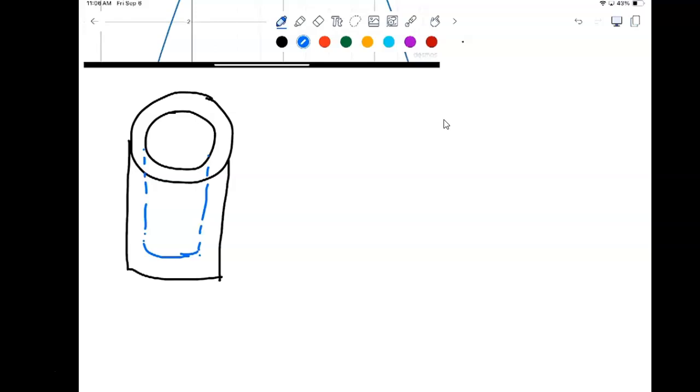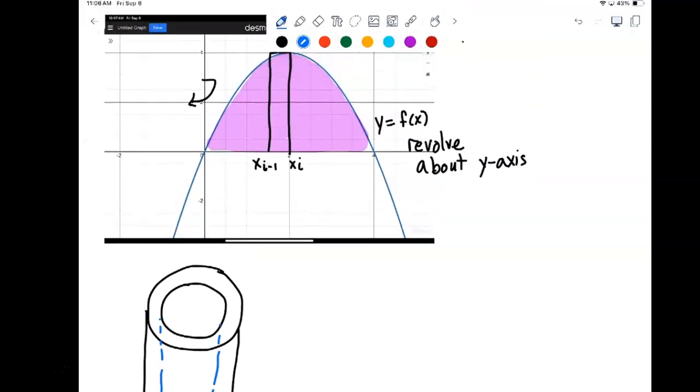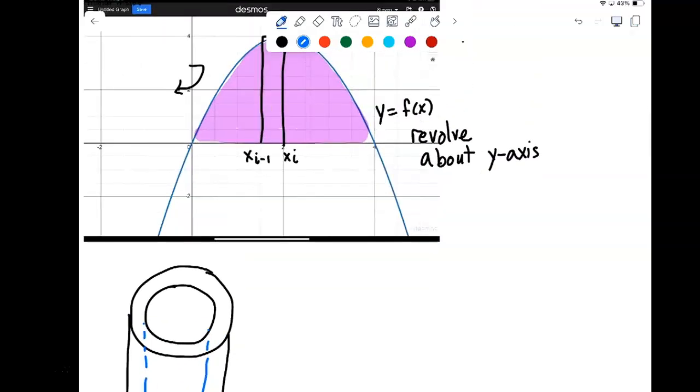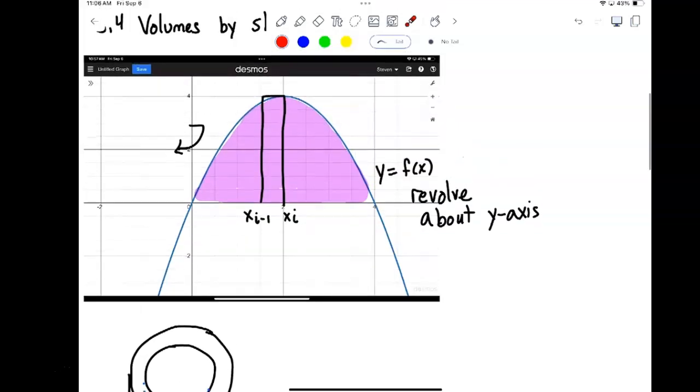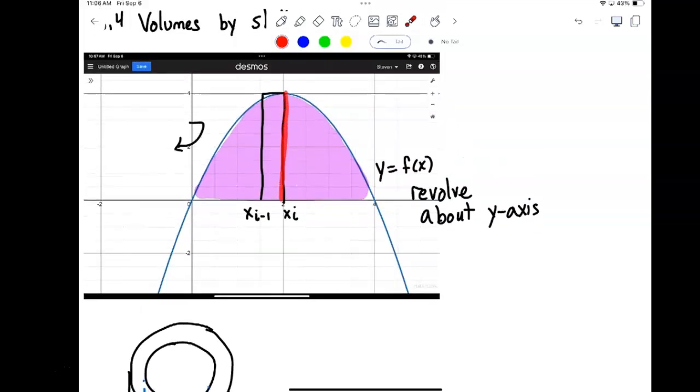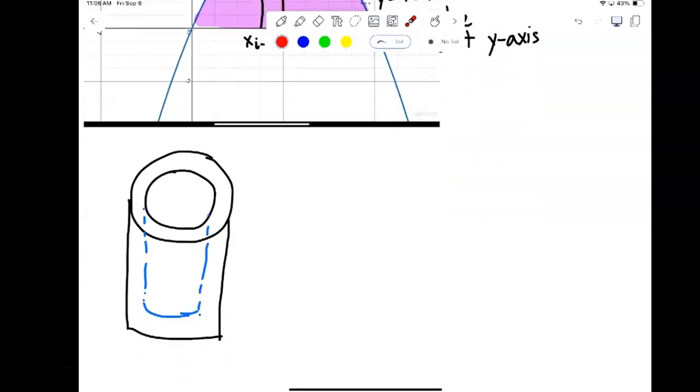Now, what do we have here as far as our labeling system? In this situation, the height, the f of x function, is actually giving me the height of this cylinder. So that's my f of x function.